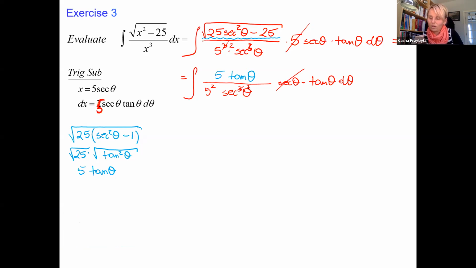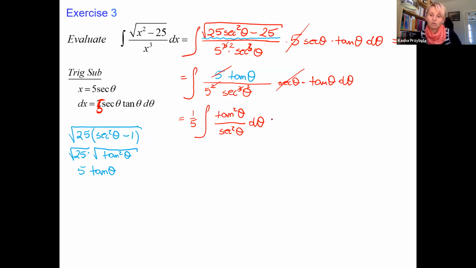Now I have the square and 5 and 5, which means 1/5 stays. Tangent times tangent will be tangent squared, and secant squared. Now it's squared, correct? Please check, because I don't want to miss anything. Tangent, tangent, secant is cancelled out, it's squared.